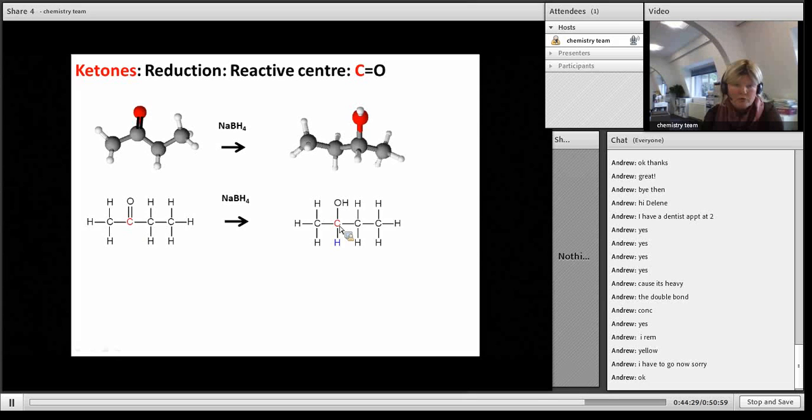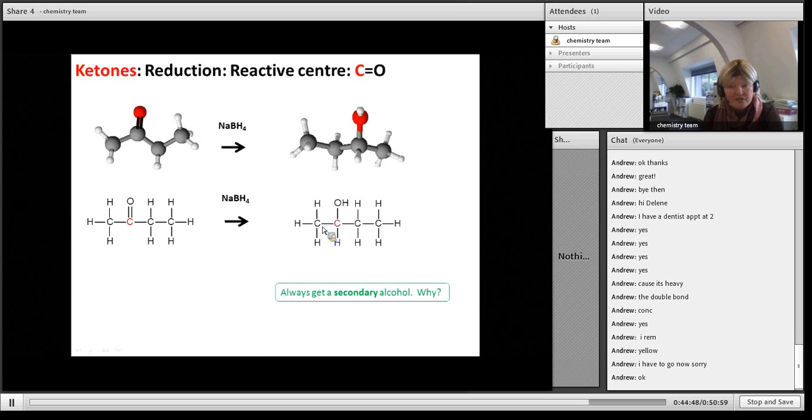Carbon can only form 4 bonds, so if something is adding on here, the double bond has to break. And again, being a ketone, you always get a secondary alcohol, because the carbon always has to be in the middle, attached to 2 other carbon atoms to be a ketone, and so your alcohol will always be secondary.